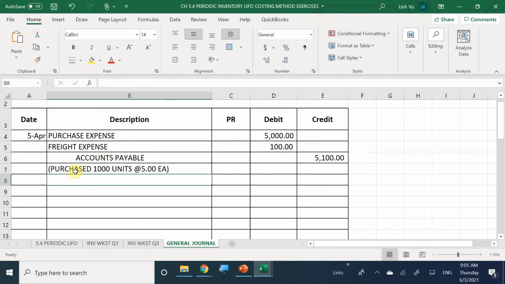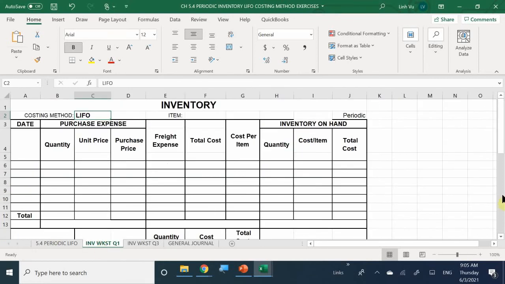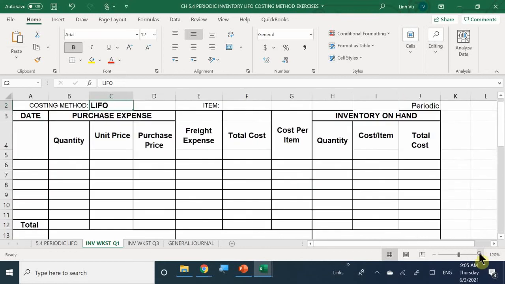Right. So now let's go back to our inventory worksheet and plug in our numbers. So we were given April 5th. We purchased 1,000 units at $5 and freight was $100.